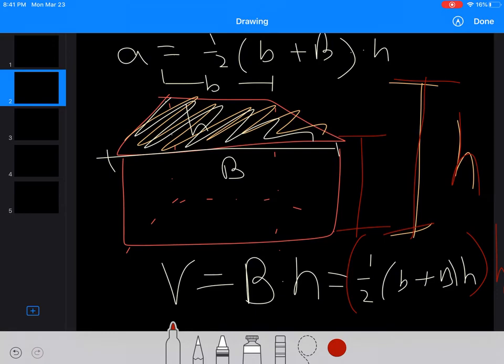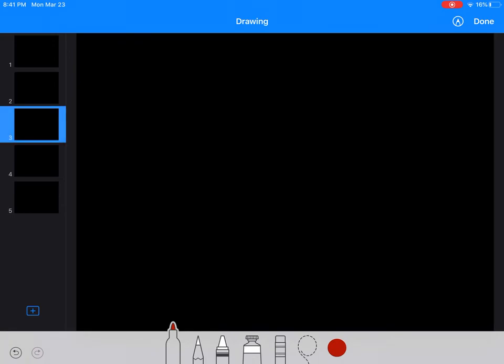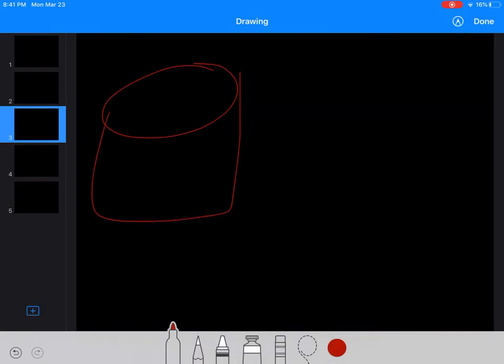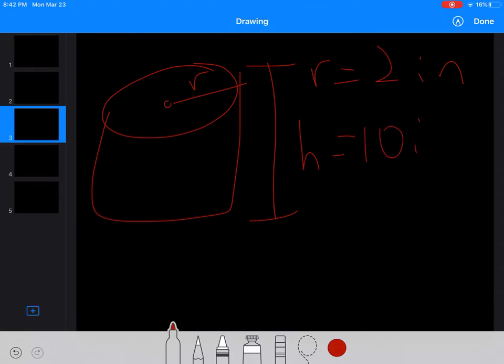Let's look at an example. So let's look at a cylinder. Let's say we have r equal to 2 inches and height equal to, let's just do 10 inches here. So we can find the volume of this shape.